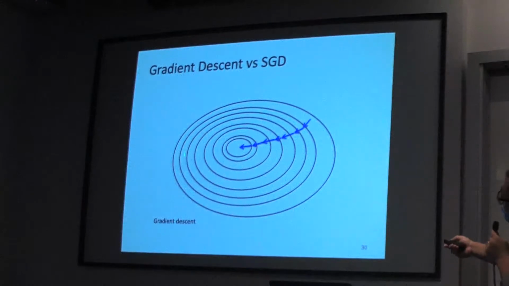Like, suppose these are just the contours of the objective function value. With the accurate update direction given at each step, you might only need 10 or 15 steps to converge. That's the benefit of gradient descent. Suppose your data set is not very large, and the cost to compute the exact gradient is not high, then you might prefer gradient descent.